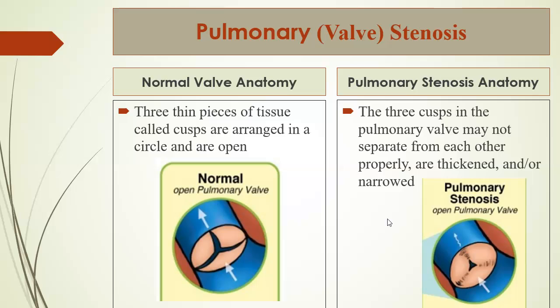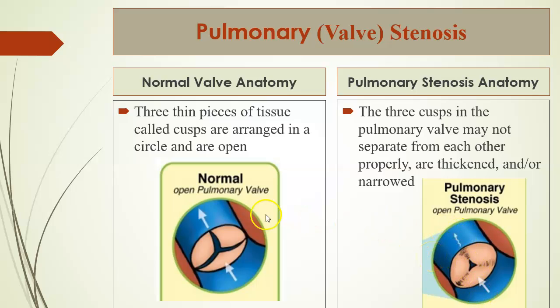When you have pulmonary stenosis, the three cusps of the pulmonary valve are not separated properly. There's no perforation. They're thickened. The narrowing of the valve is so small, you can see right here that the blood has a harder time flowing through.